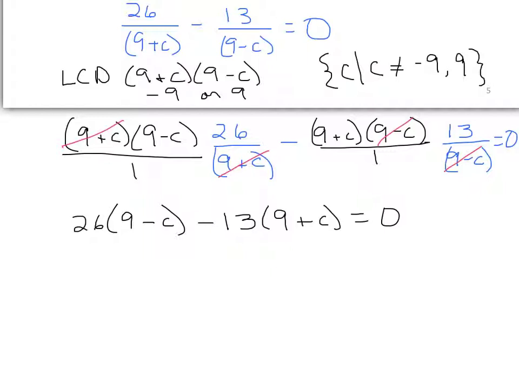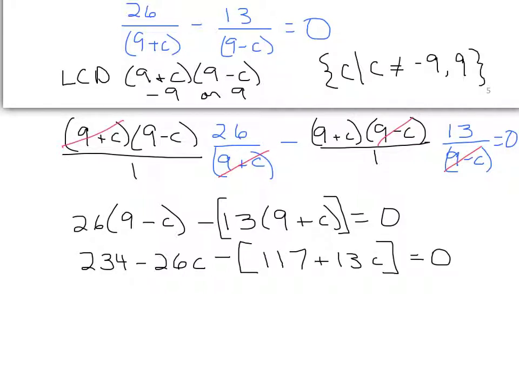So we have to distribute the 26 and the negative 13. In the first case, we get 234 minus 26c. In the second case, we're going to put brackets around the 13 times (9 plus c) so that that minus doesn't throw us. And inside the brackets, we get 117 plus 13c.